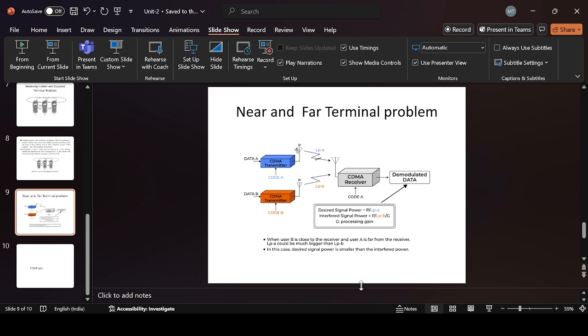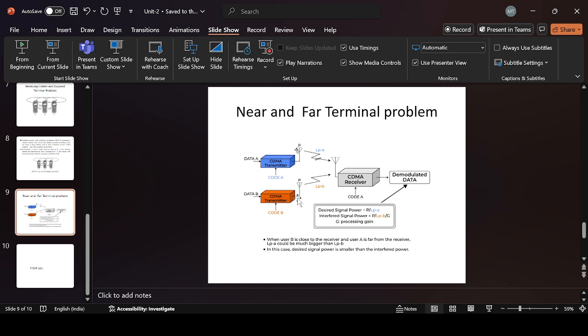So let us assume that there are two nodes, node A and node B, and this is a CDMA receiver. Now assume that B is very close to the receiver and A is far apart from the receiver. Now A is transmitting as well as B is transmitting.